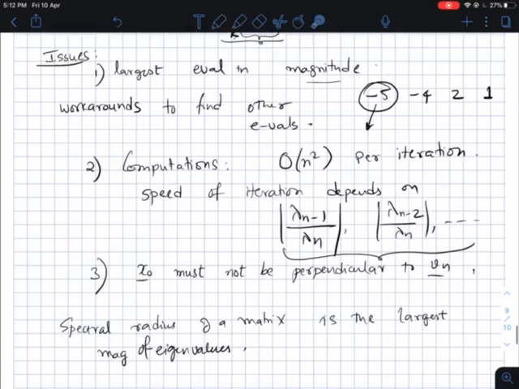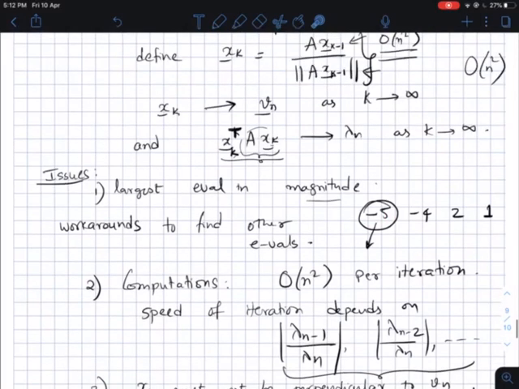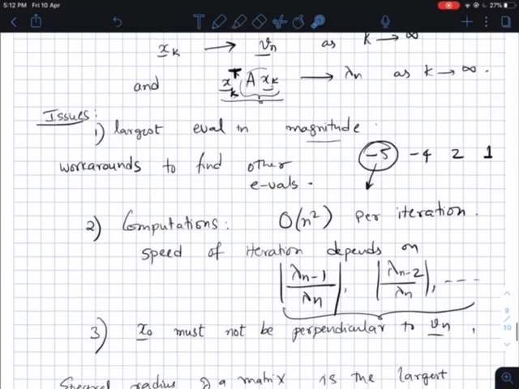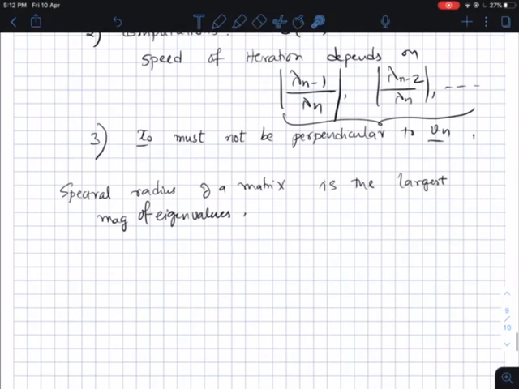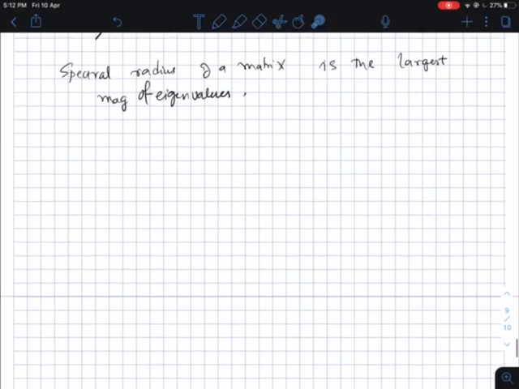For example, in this scenario, when you had a matrix whose eigenvalues are -5, -4, 2 and 1, the spectral radius is 5. So what the power method does is find the spectral radius and give you the eigenvector corresponding to it. In the next lecture we will look at a generalization of the Rayleigh quotient theorem and some very interesting consequences of that.